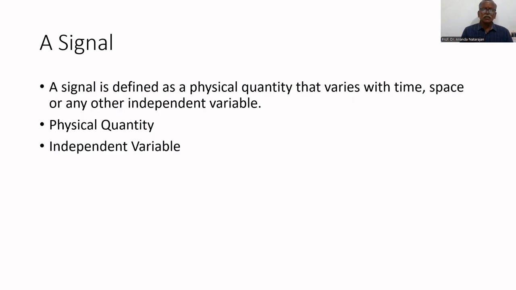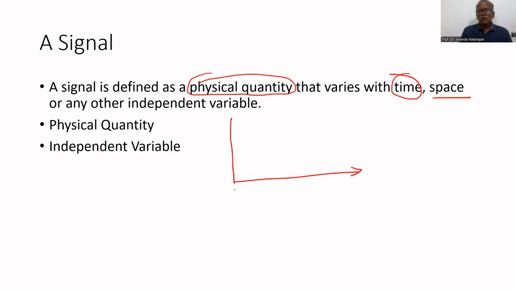A signal is defined as a physical quantity that varies with the time independent variable, or space, or any other independent variable. For example, consider the ambient temperature, recorded from morning 6 a.m. to evening 6 p.m. It varies like this.